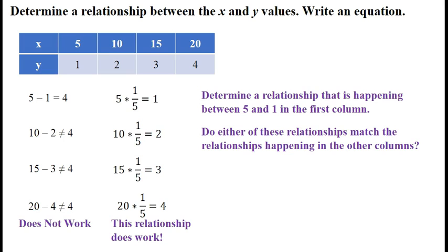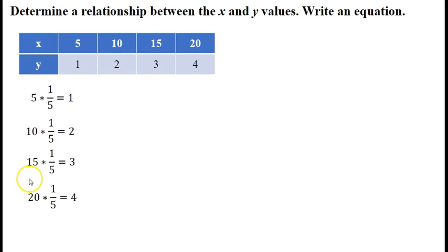So now that we've determined our relationship, we need to write an equation. And I wrote down our relationship here that we decided to go with. Writing an equation for this, we need to first ask ourselves, what does this say? So how can I write an equation from that?